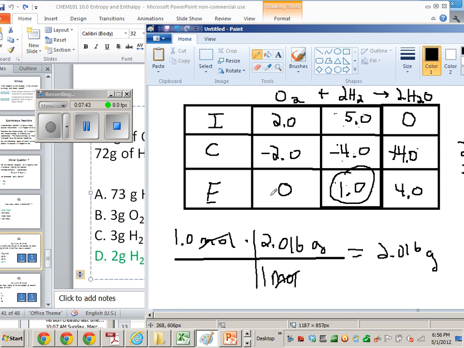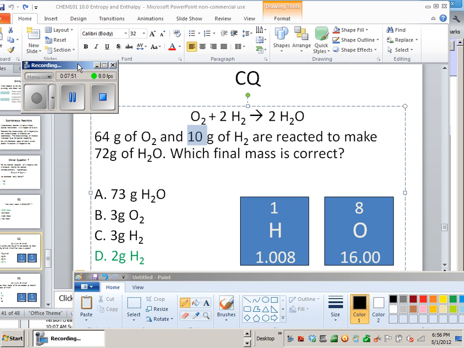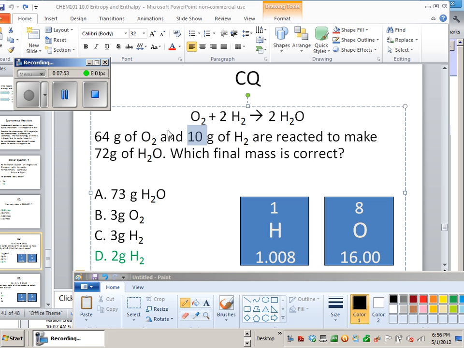So it's a lot of work, but what we did in this problem, in summary, was we made sure that we were working with a balanced chemical reaction. That was the first thing we did. Next, we converted grams to moles.